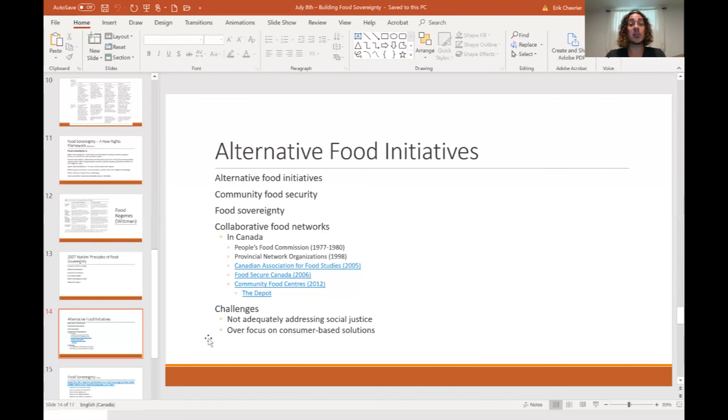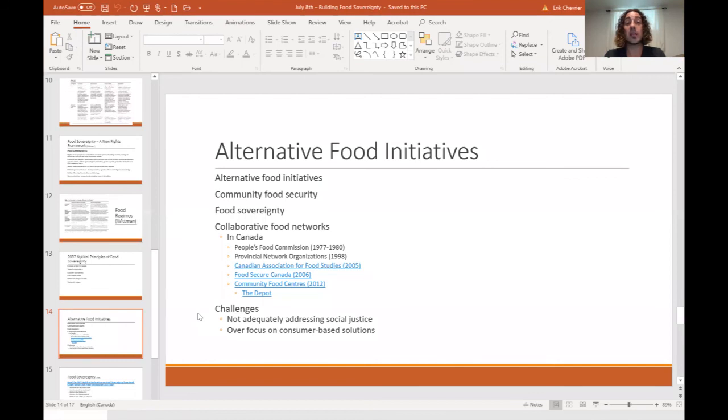So basically, one of the challenges to collaborative food networks, or this approach, is that it doesn't always adequately address social justice. People that are looking specifically at improving foodscapes have to realize that social justice issues are at the forefront of why people are food insecure.